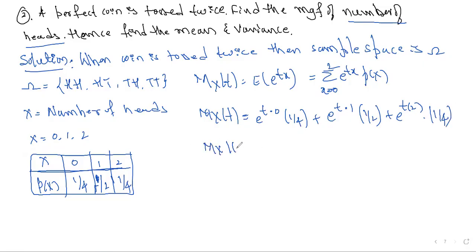So M_X(t) equal to e power 0 is nothing but 1, it is 1 into 1 by 4 plus e power t into 1 by 2 plus e power t into 2, or 2t also we can write, e power 2t into 1 by 4.